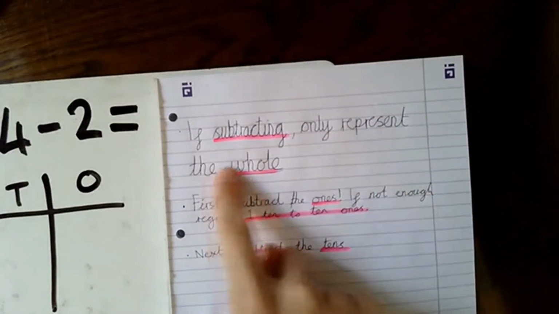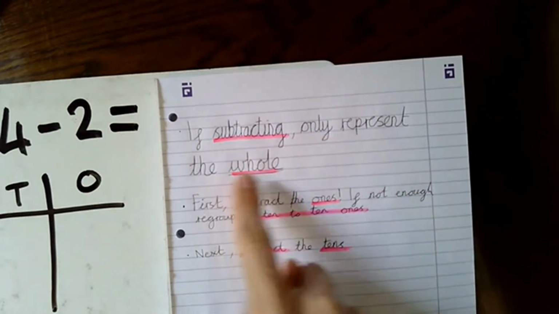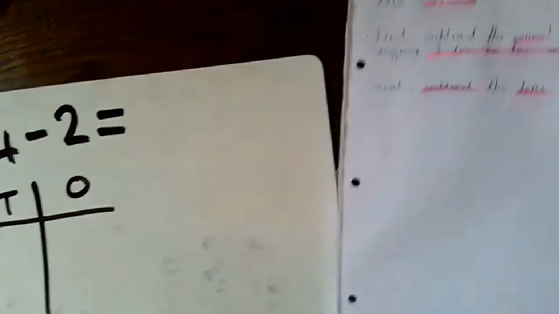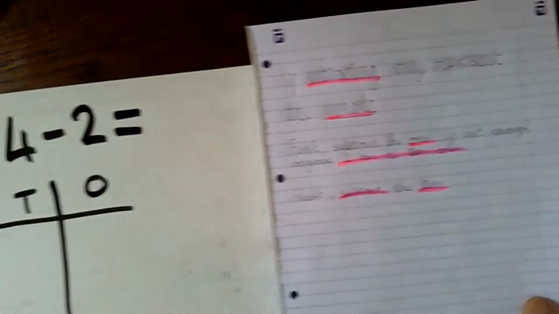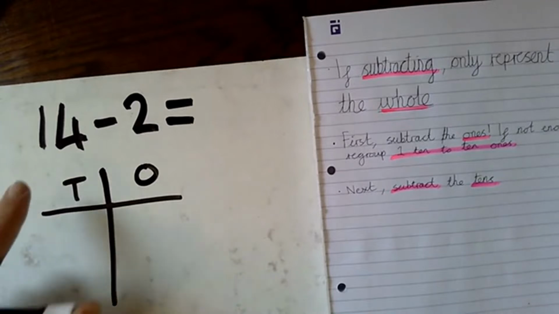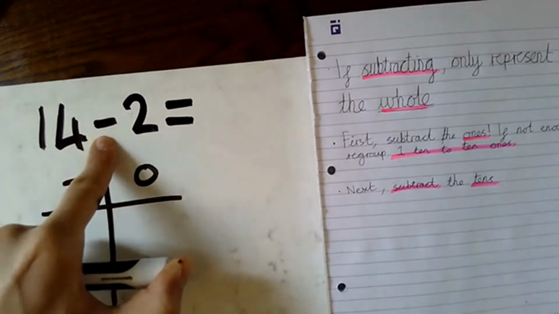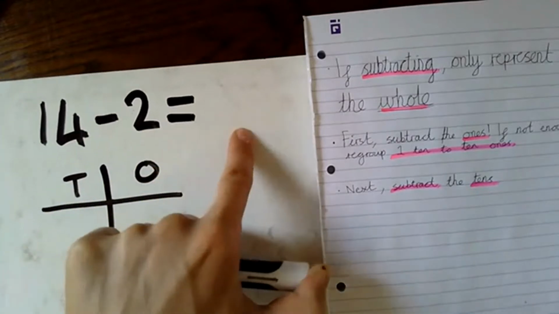Now, if subtracting, we only represent the whole. I know here the whole is 14 because it's whole subtract part equals part.